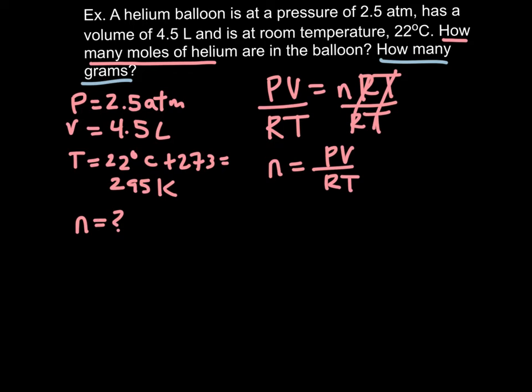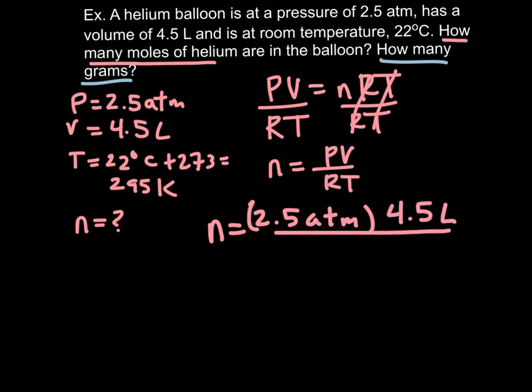So let's do that. So we now have n is equal to our P, 2.5 atmospheres, times our volume, 4.5 liters, divided by RT. Now we have to decide on an R value. Because we're talking about atmospheres, our best bet then is to use the R value that includes atmospheres.